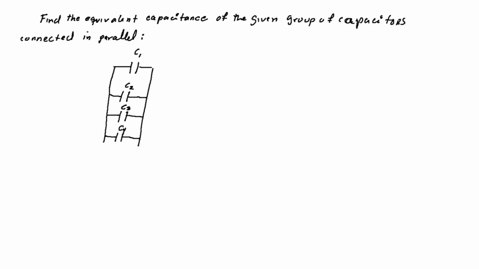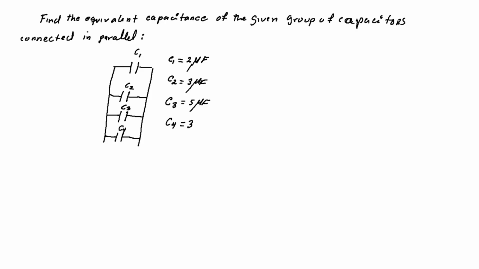The capacitance of capacitor 1 would be 2 microfarads. The capacitance of capacitor 2 would be 3 microfarads. The capacitance of capacitor 3 would be 5 microfarads. And the capacitance of capacitor 4 would be 3 microfarads.